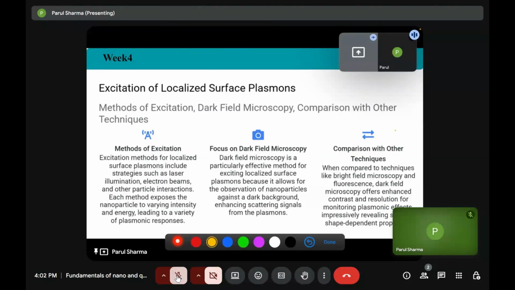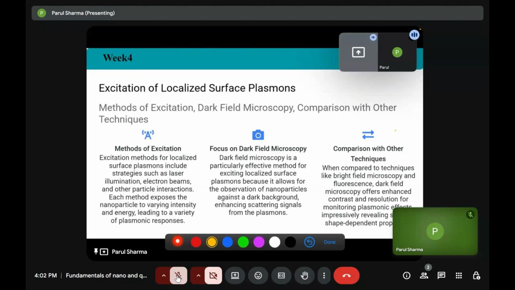Excitation methods for localized surface plasmons include strategies such as laser illumination and E-beams, so that we cannot excite the bulk plasmon if I am shining the EM directly, but with electron beam irradiation, I can excite the bulk plasmon.